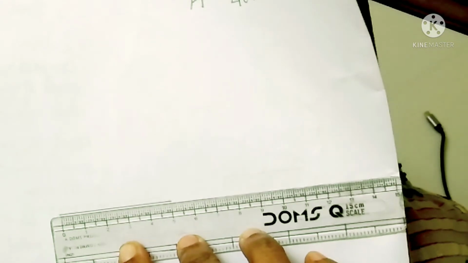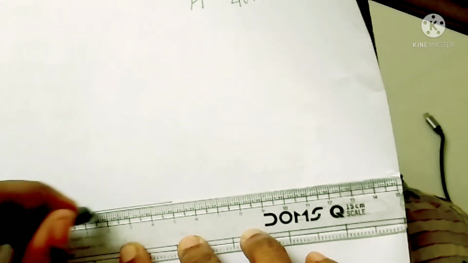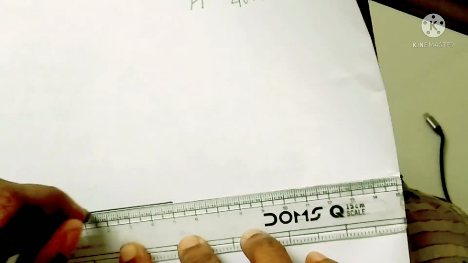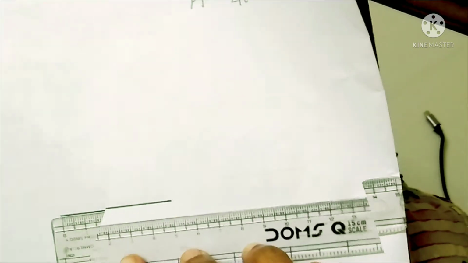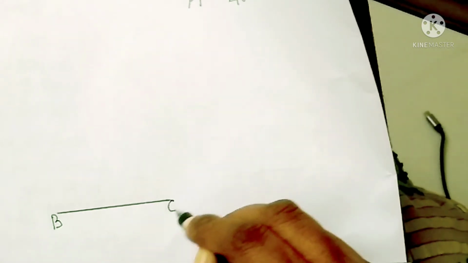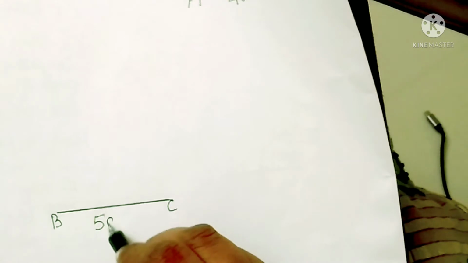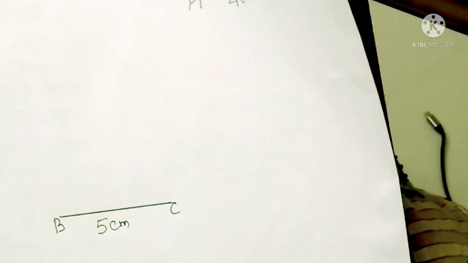Since some children said that the diagrams are not clear, I am trying to overdraw it. Actually you are not supposed to overdraw. So first draw the line segment, side BC 5 cm. Whenever you draw the line segment, mark it and write the measurement.